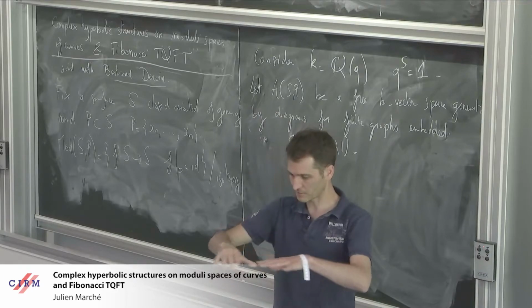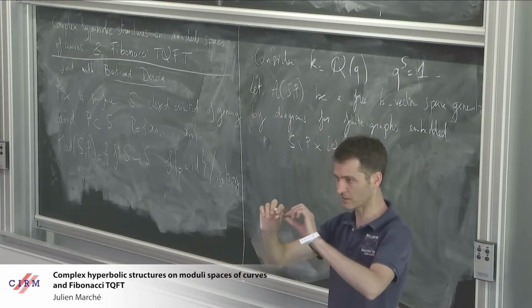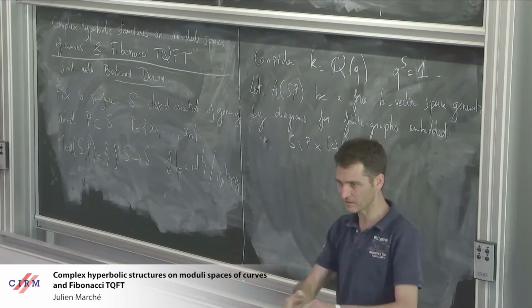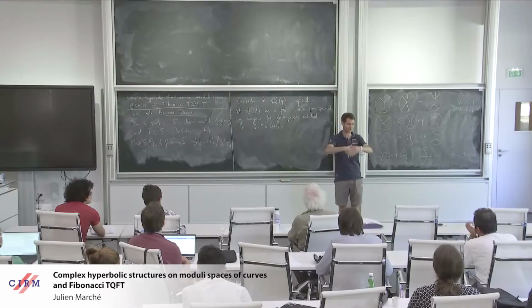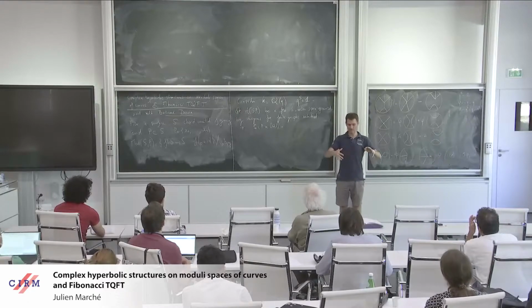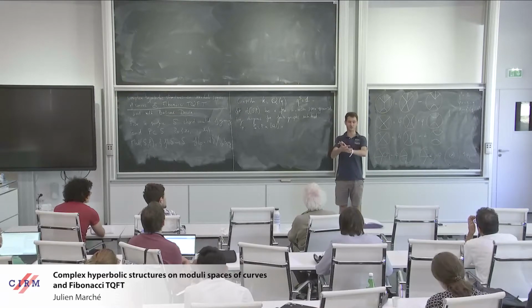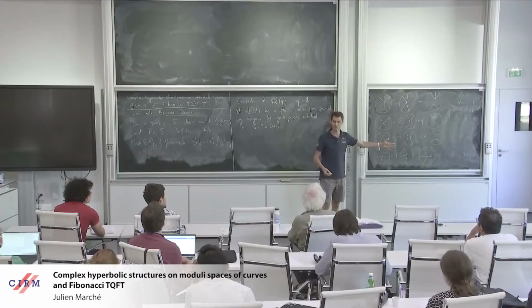So I really think of a thickened surface, so it's a three-dimensional object, and inside this thickened surface there is a complicated graph which is embedded. But to simplify the discussion, I project this graph onto the surface, and I just see some diagrams.